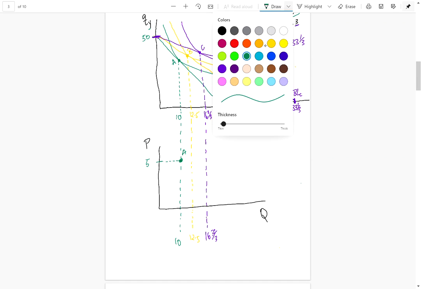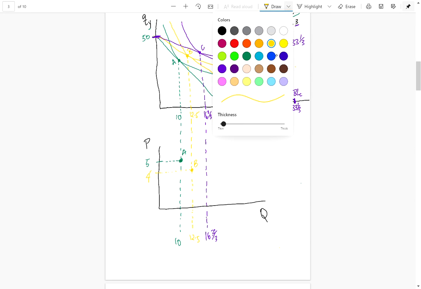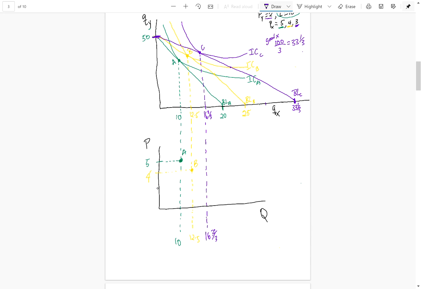And then we have point B, price of 4, quantity of 12.5. So 4 will be here. Quantity 12.5, call this point B, right? Price of 3, what's this? Quantity of 16.67, right?